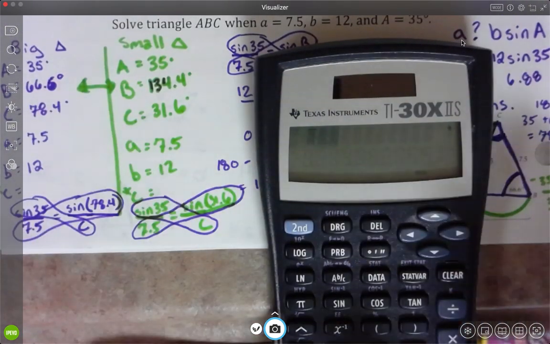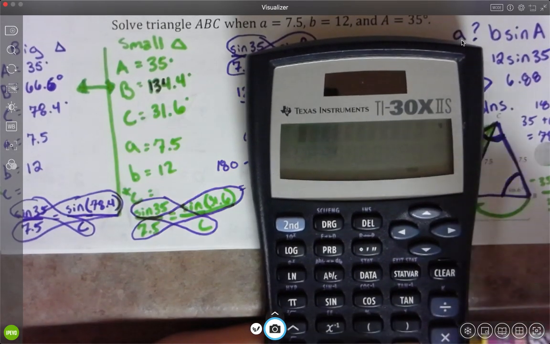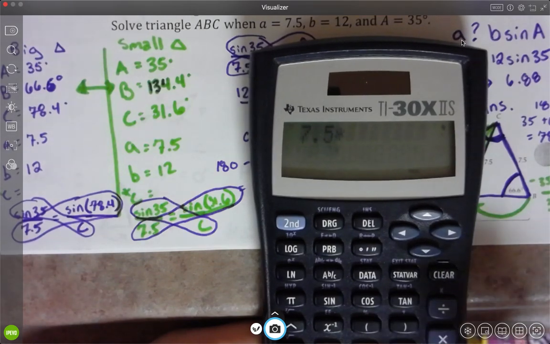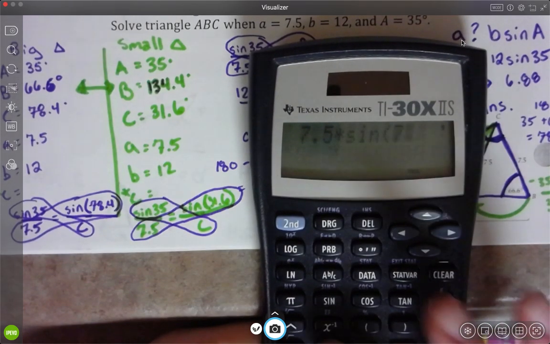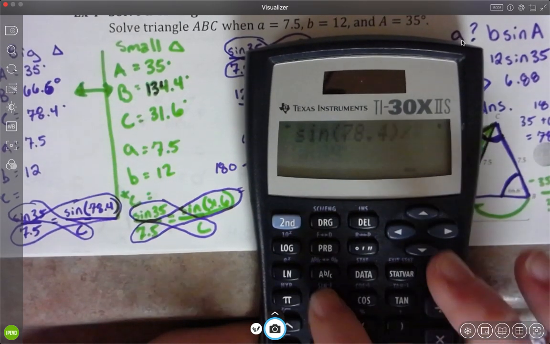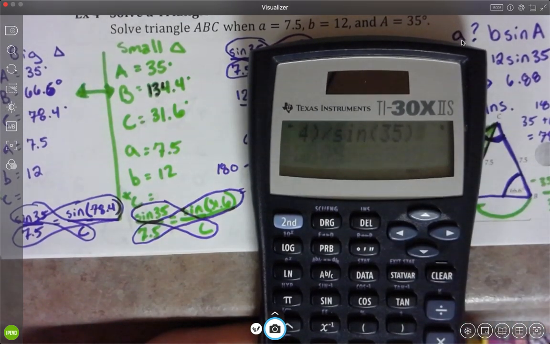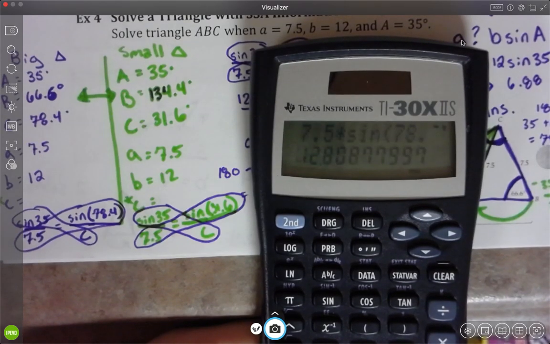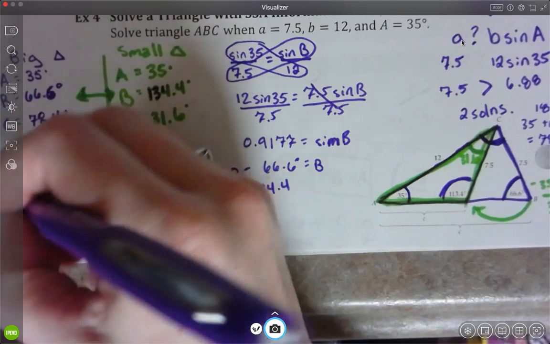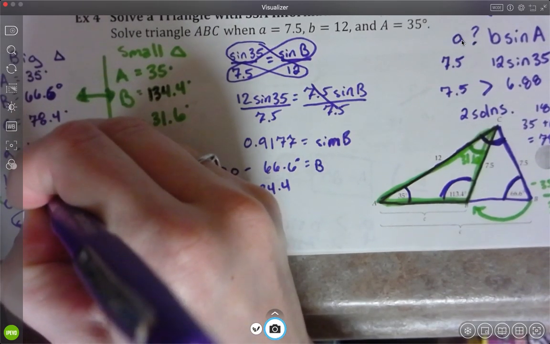So here we go. Let's do 7.5 times sine of 78.4, that's this first one, divided by sine of 35, and I get 12.81 is what this little c is.